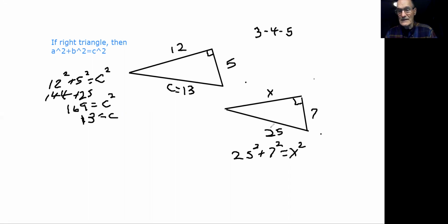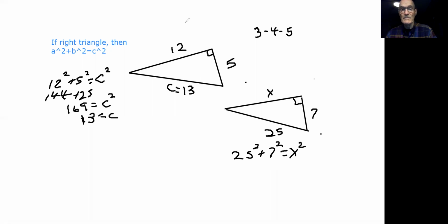And remember that the largest side of a triangle is opposite the right angle. So the 25 here has to be the biggest side. So when you have something like this, instead of a squared plus b squared equals c squared, you have c squared, which is 25.